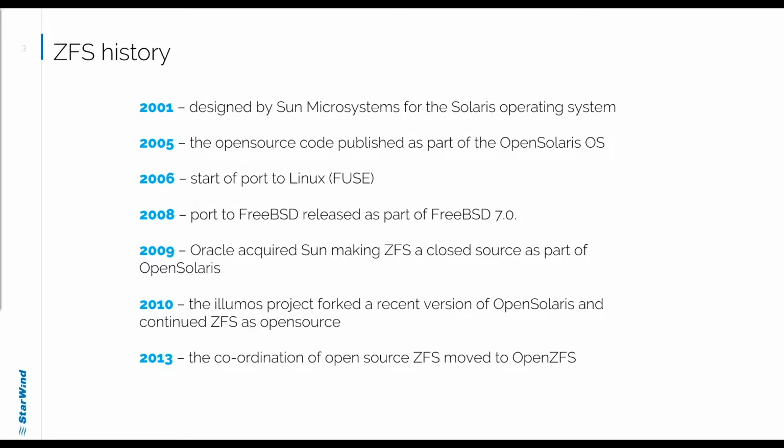After that, in 2010, the Illumos project basically forked a recent version of Open Solaris to continue its development as an open source project, including ZFS. And in 2013, the coordination of the open source ZFS moved to another organization, as you know, with OpenZFS, which basically allowed any organization or person that wished to use the open source version of ZFS to collaborate in developing and maintaining a single common version of ZFS.